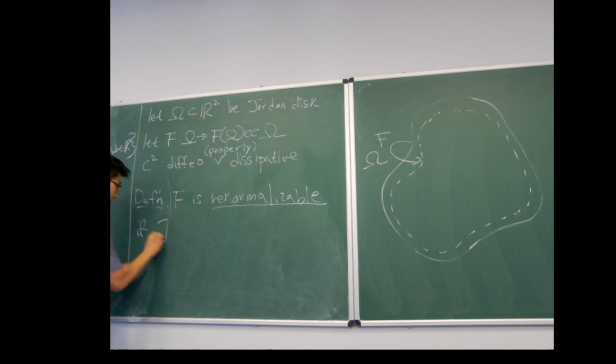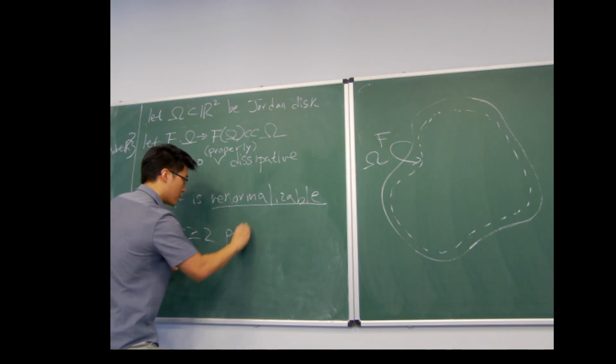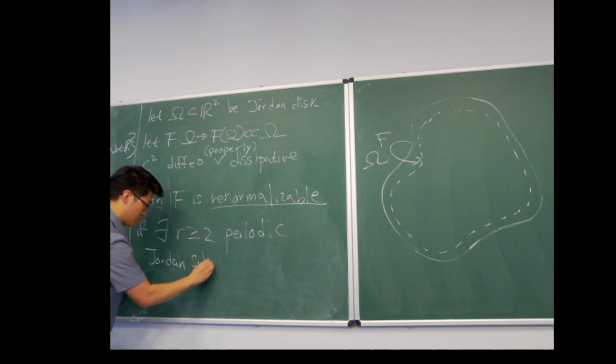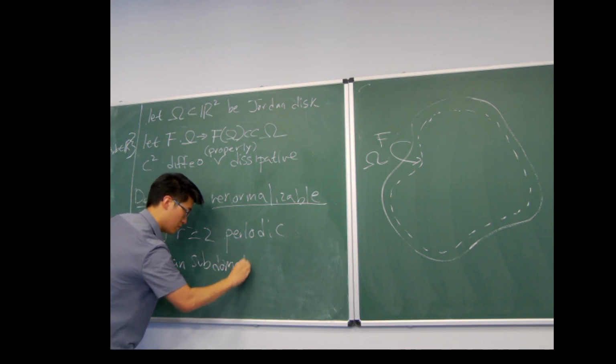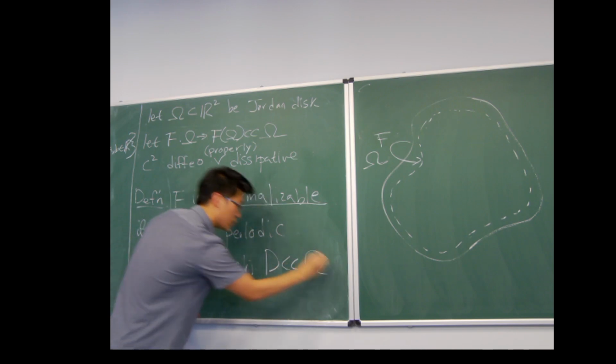If there exists some r bigger or equal to 2 and a periodic Jordan subdomain, let me call it D, compactly contained in your original domain.